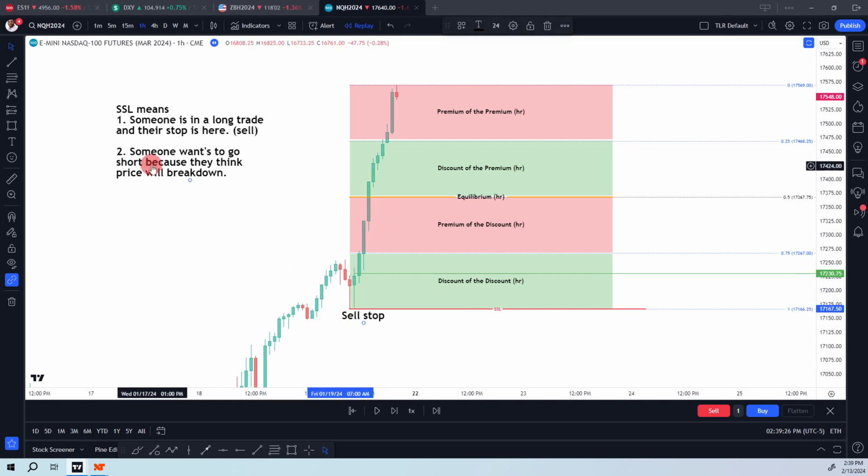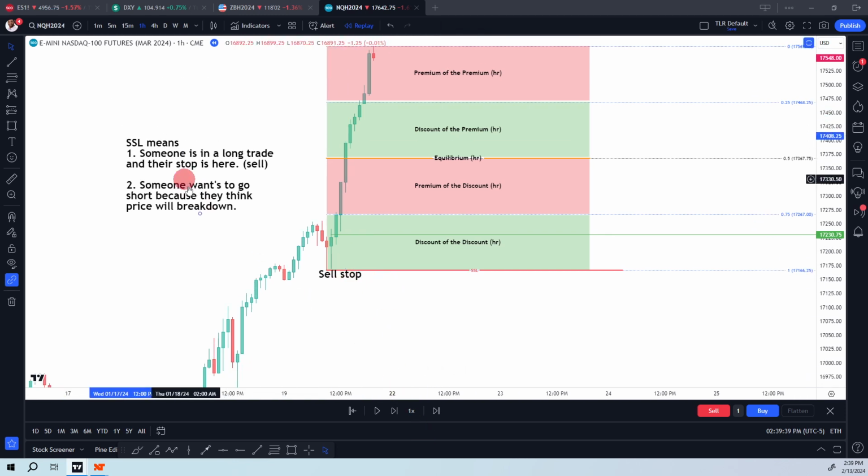And then you have people who are not in a trade, and they think when price comes back down below this low, it's gonna keep falling. So they set a sell stop right here because they want to go down.